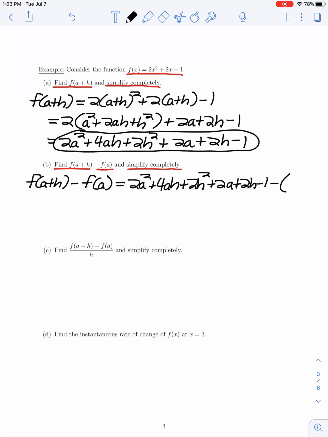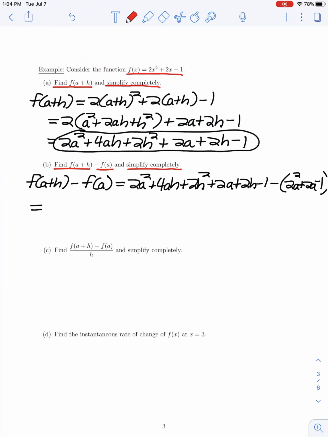and I'm subtracting f of a. That is the value of my function when x is a. So replacing x by a in the definition of our function, we have 2a squared plus 2a minus 1, and I'm subtracting that quantity. So let's see what we're left with here.